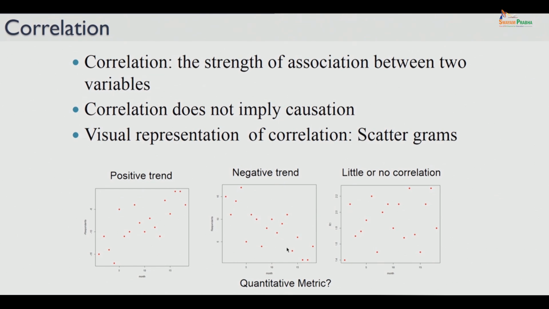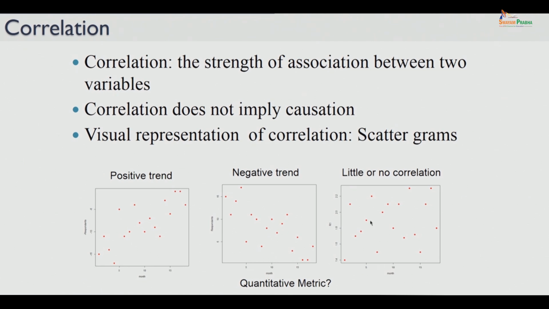In the middle figure, we show a case where, as xi increases, yi seems to decrease, and again there seems to be a pattern of association between xi and yi, and this is a negative trend. Whereas if you look at the third figure, the data seems to have no bearing on each other, that is, yi values do not seem to depend in any particular manner on the xi values.